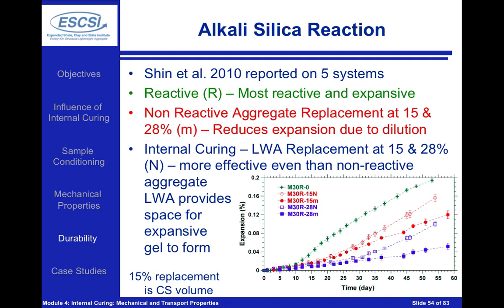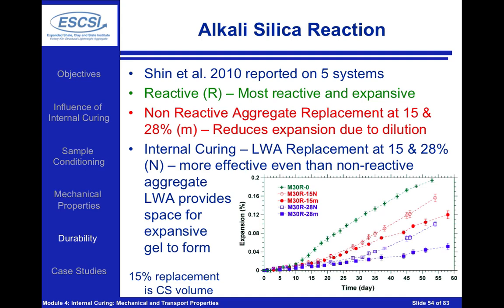Here what we're actually seeing is that apparently the benefits of the internal curing actually override the effects of just dilution, and we're seeing an even greater delay in the overall ASR reaction that's taking place in these systems.